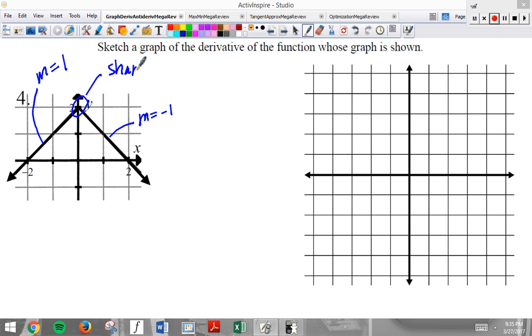Sharp turn. Undefined. So I should be looking at a line like this. +1. Open circle with an arrow. -1. Open circle with an arrow. Done.